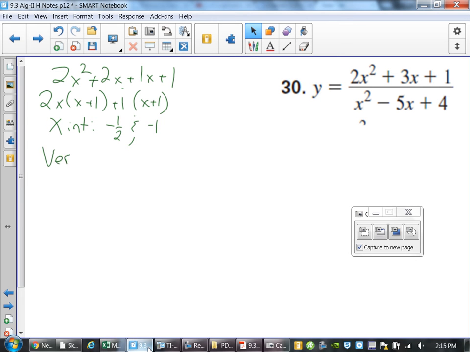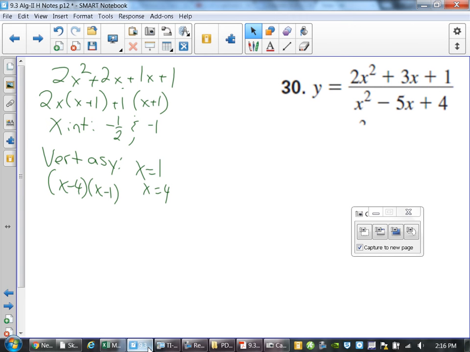Our vertical asymptotes: factor the denominator. We get x minus 4, x minus 1. So my vertical asymptotes are going to be when x equals 1 or x equals 4. Horizontal asymptotes, I look at the degrees.